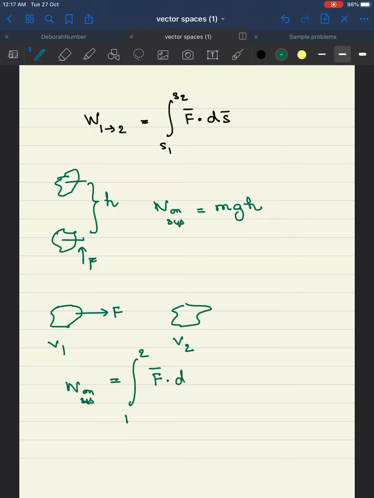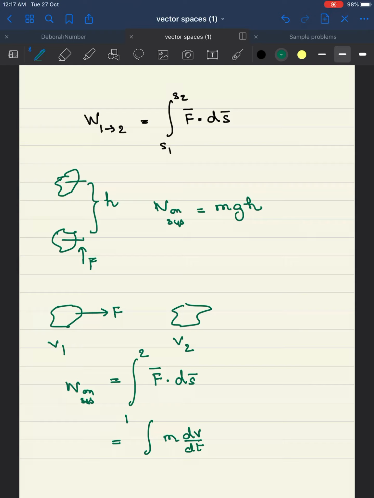I'm not going to write that, but we understand that all the time. We have to be careful as to what this F signifies. So this is the force on the system, and in our case it is leading to a change in acceleration.